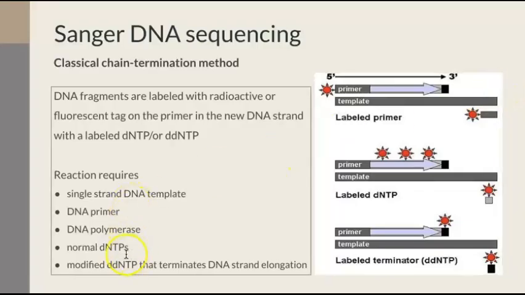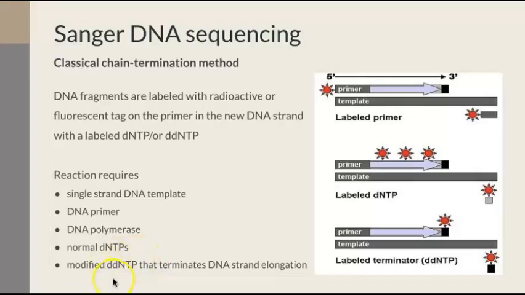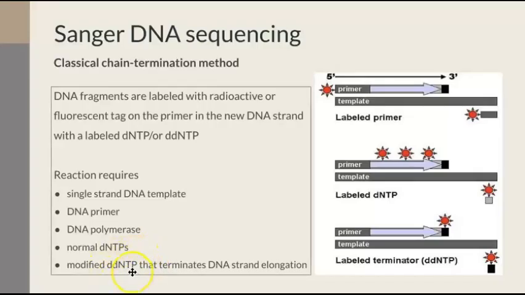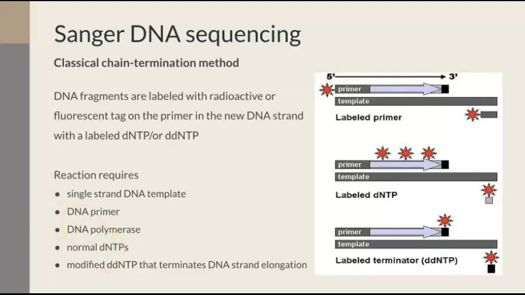You have normal deoxynucleotides, but you also have a modified dideoxynucleotide that is lacking a 3' hydroxyl group. So when it's incorporated, it ends up terminating the DNA strand elongation.